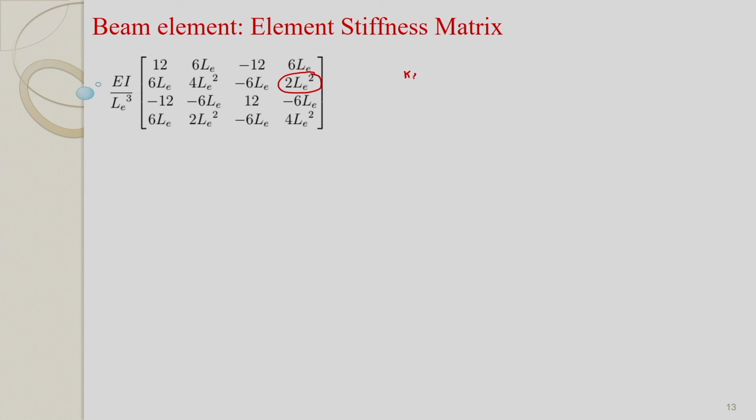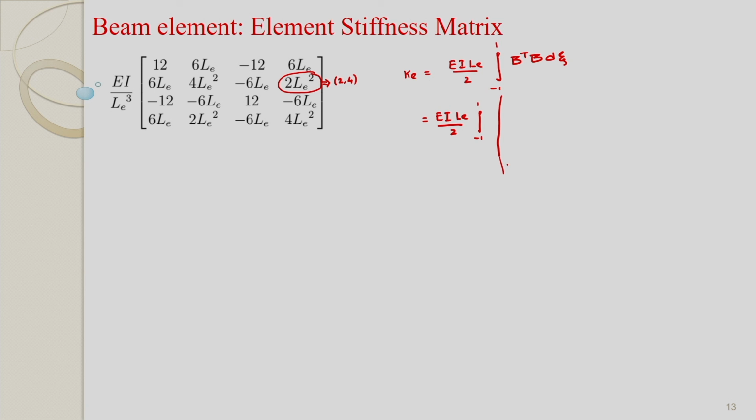So, our Ke is EI Le by 2, integral from minus 1 to 1 of B transpose B dxi. So, I am explaining this second row fourth column term. So, EI Le by 2, minus 1 to 1.